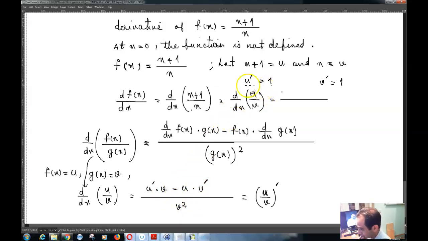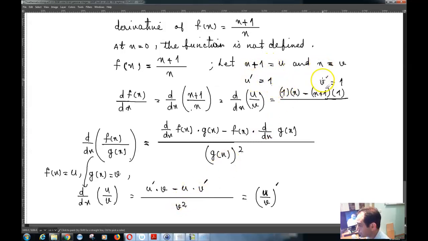So we are going to use the same thing over here, meaning that if your u is x plus 1, your v is equal to x, then you're going to use this formula over here: u prime, which is 1, times v, which is x, minus u times v prime. So u is x plus 1 and v prime is equal to 1, over v squared.